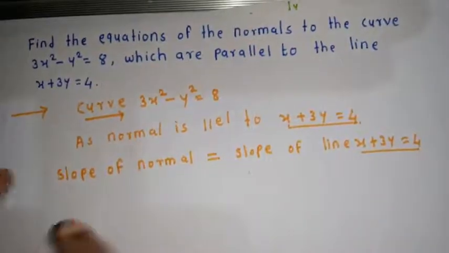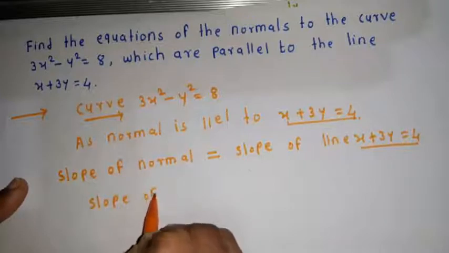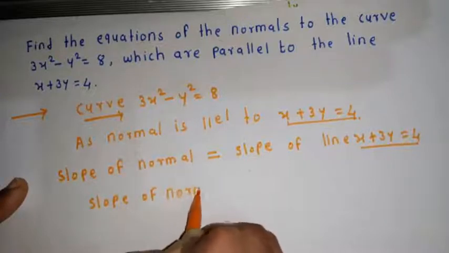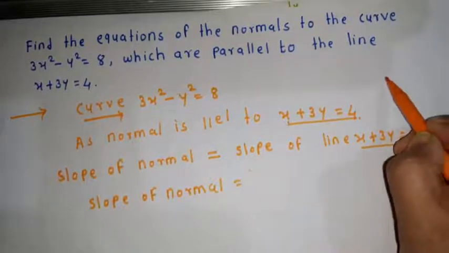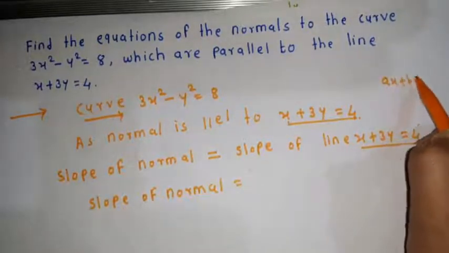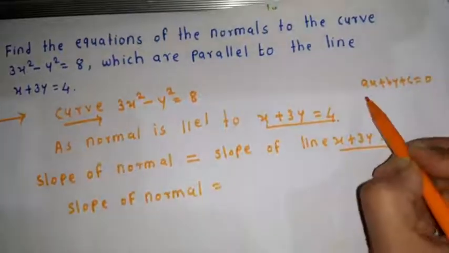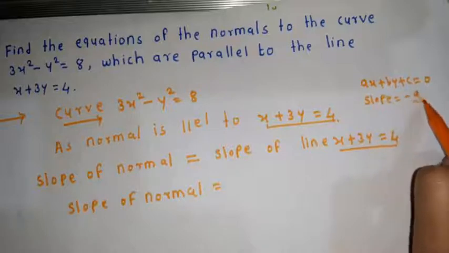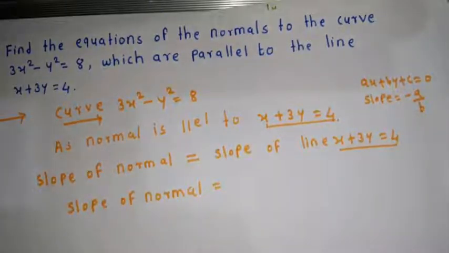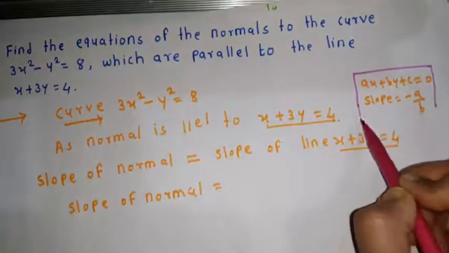So slope of normal equal to, and you know that if ax plus by plus c equal to 0, then the slope of the line is minus a upon b. By using this, we can find the slope of the given line.